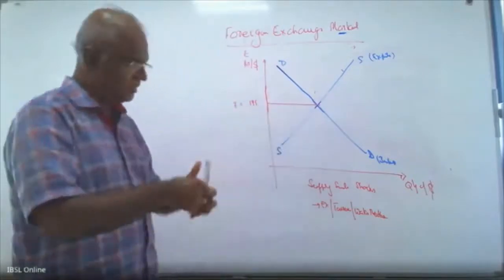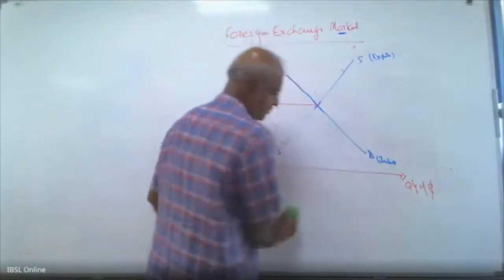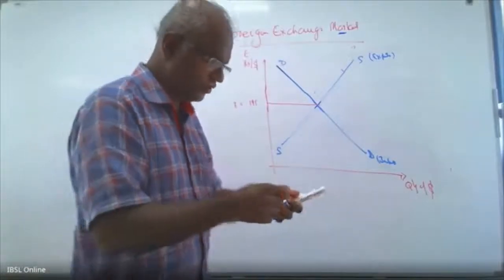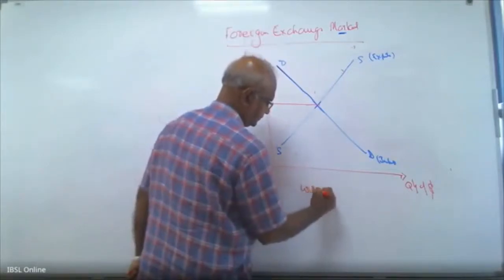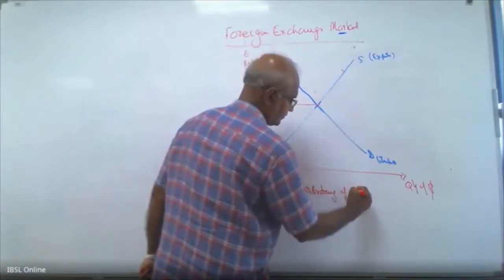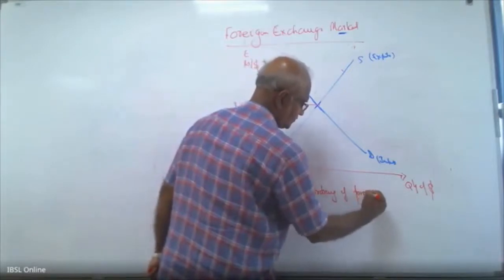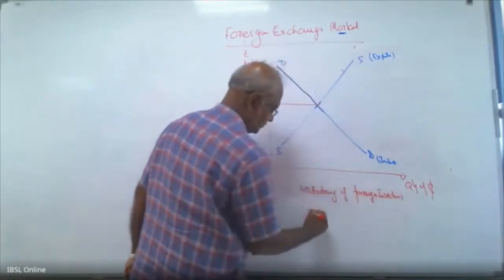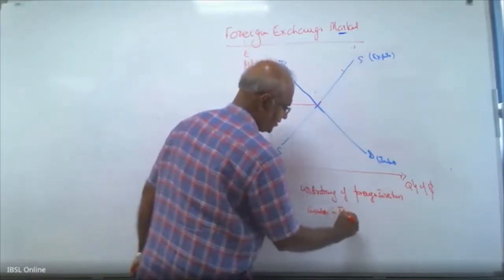$195. Now what will happen? Now this was the supply side shock. Now withdrawal by foreign investors, pulling out of dollars, who invested in treasury bills and treasury bonds.